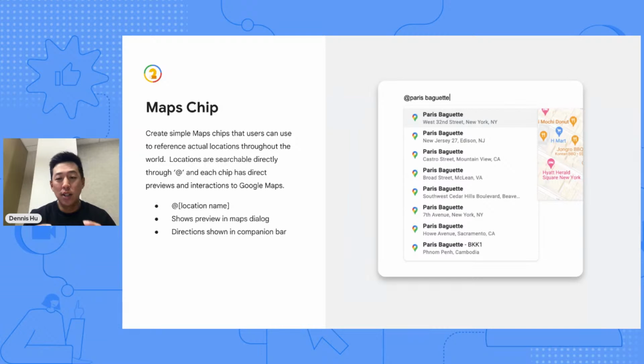Go ahead and what it does is it creates an actual chip that when the user hovers over it or clicks on it, they can see things like an actual preview directly from Google Maps. You can actually do directions as well. So it's a great way to say, again, going back to that summit example, now I've got my summit draft ready. I've got all the events now planned out.